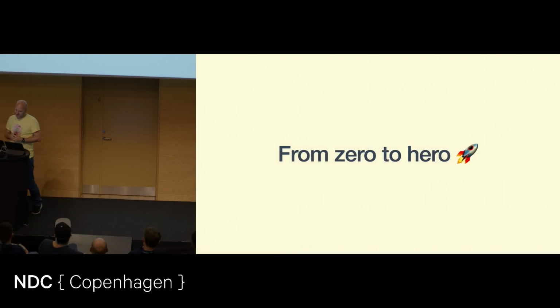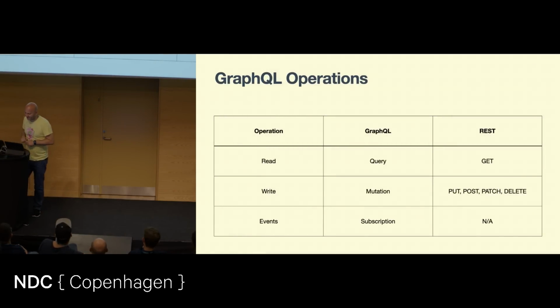Let's see some code. But before we see some code, let me say one last thing here. So in GraphQL, we have operations. And that's an important aspect to understand. We have three operation kinds. We have queries, that is side effect-free reads on our model on the backend.